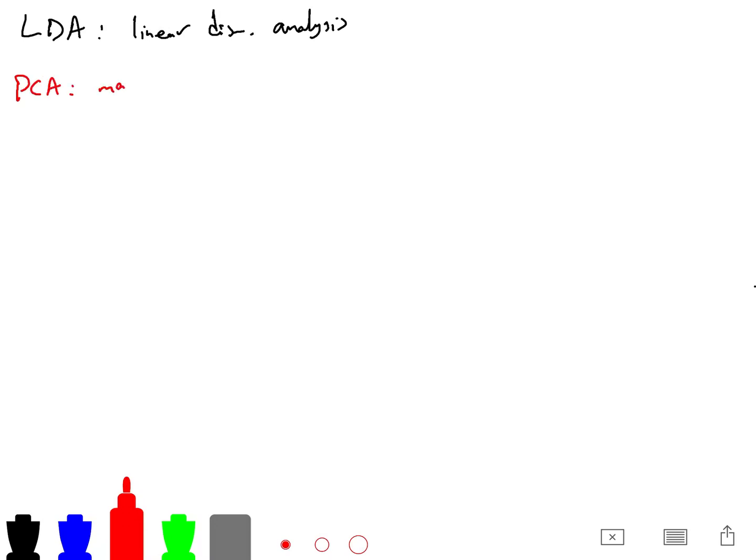The goal of PCA is to maximize variability. For example, in PCA you want to find these principal components x1 and x2 to reduce the dimension, but you are maximizing variability, maximizing variation.